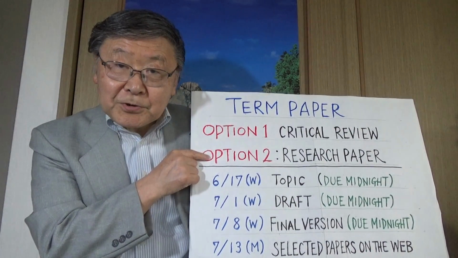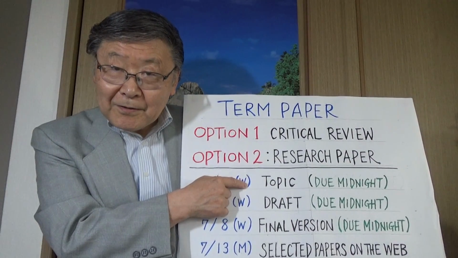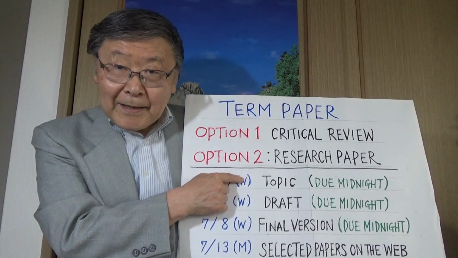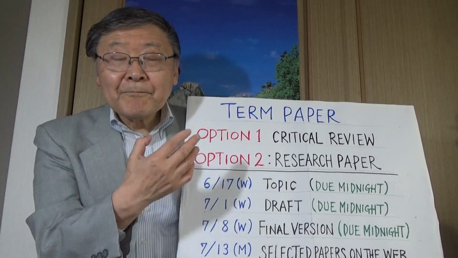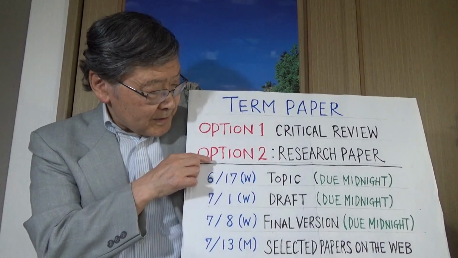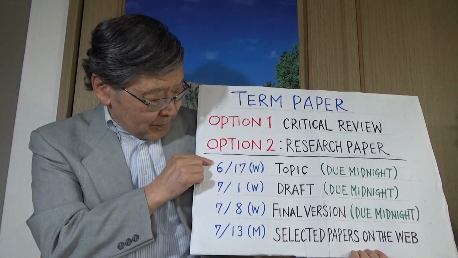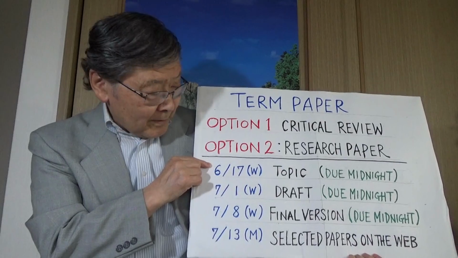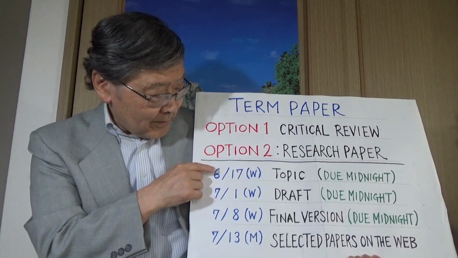If you take option two, you really have to decide on the topic on which you write a paper, and then read the representative references. That should be done by June 17th. That's on Wednesday. Due time is midnight.